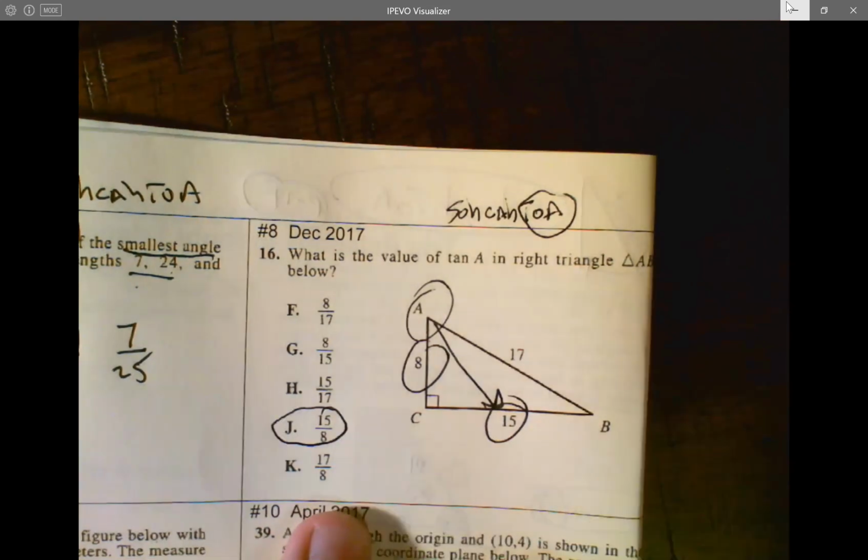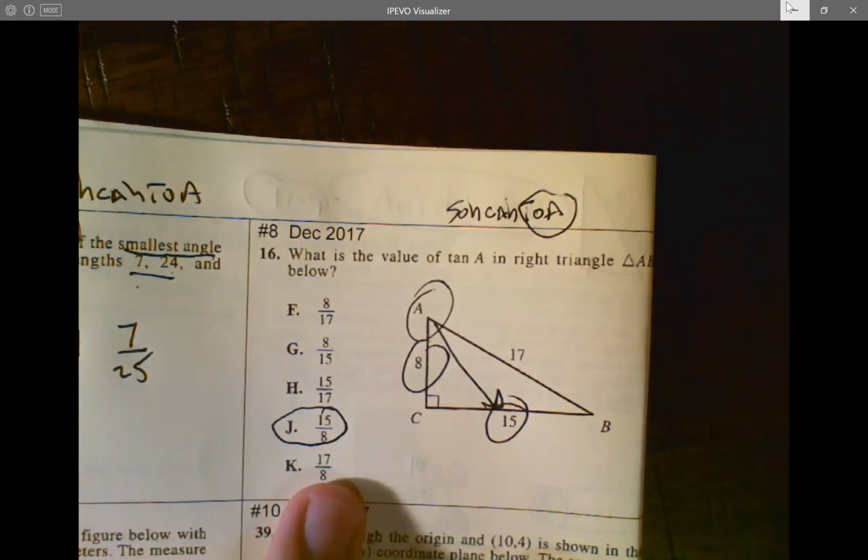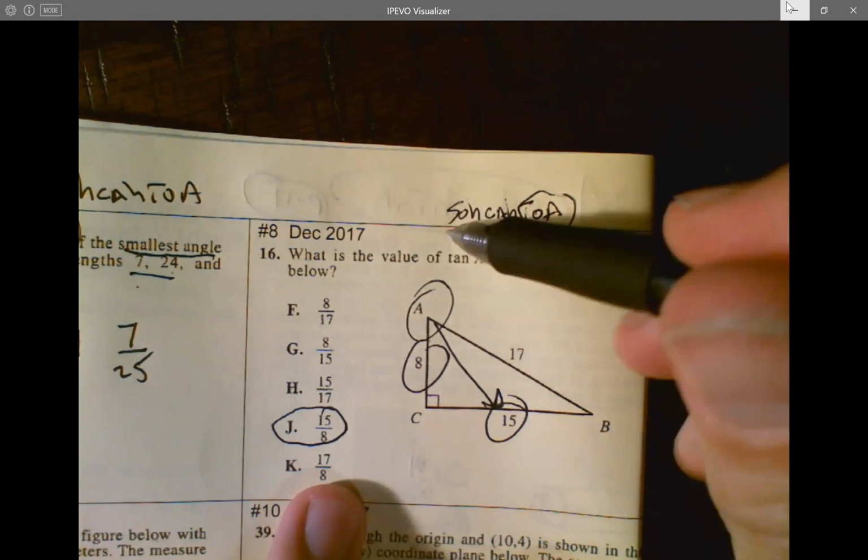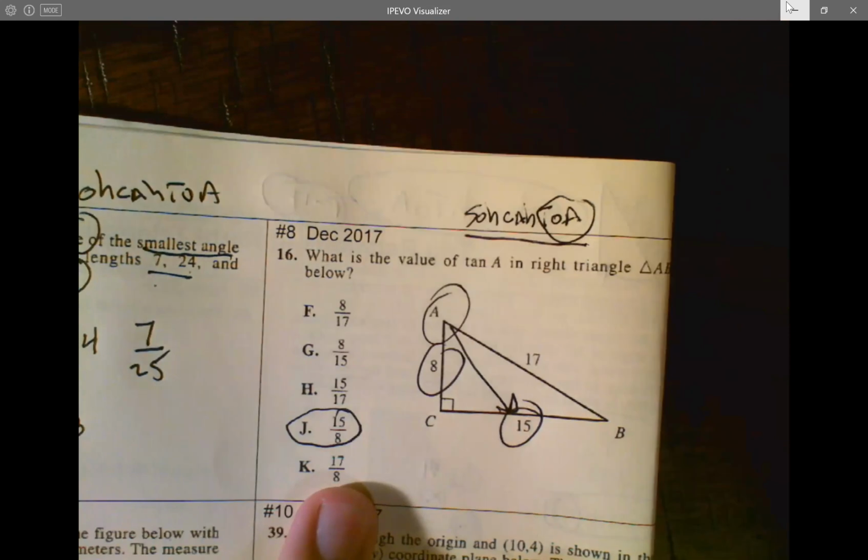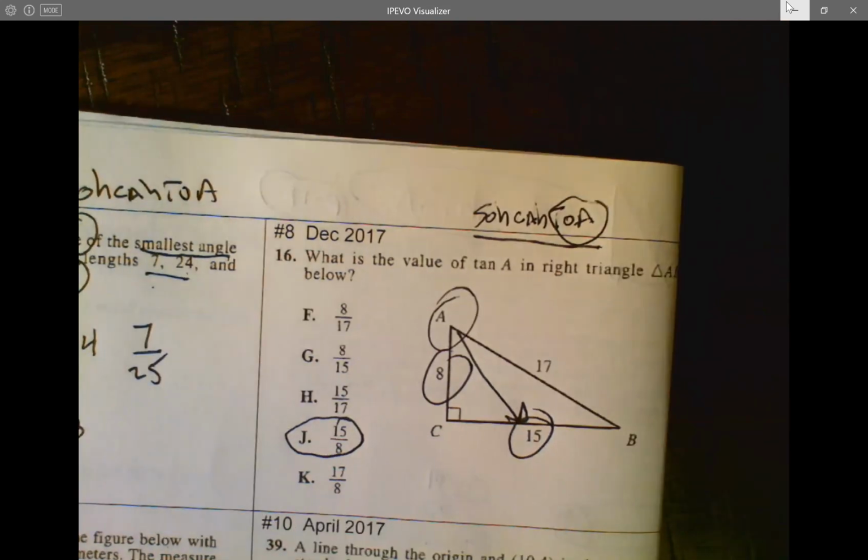That's not too bad a question, you know. As long as you remember SOHCAHTOA, you've got it. All right, let's look at a couple more trig questions here.